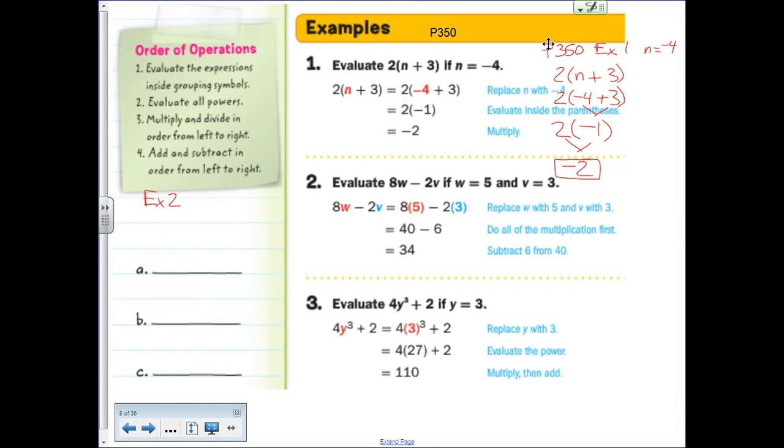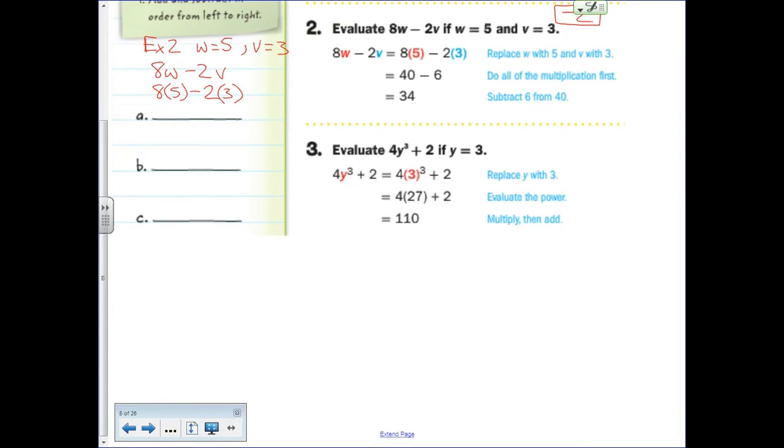Look at example number 2, which says 8w minus 2v, where w equals 5 and v equals 3. So 8 times 5 minus 2 times 3.